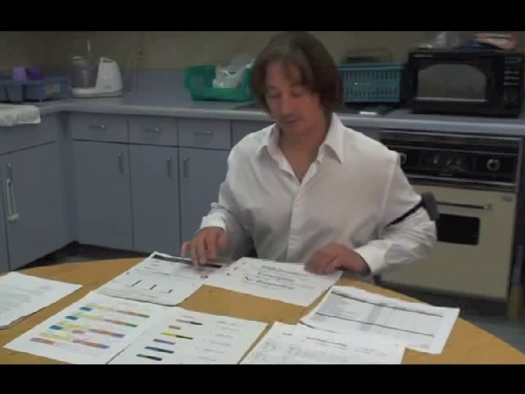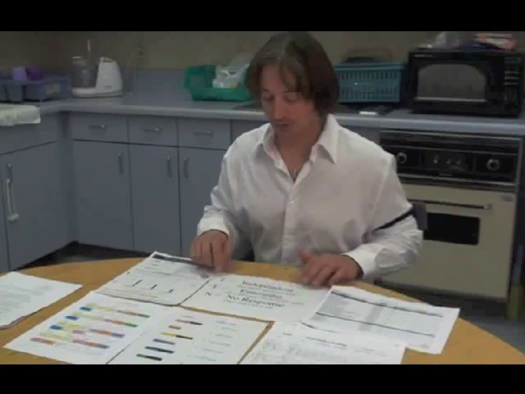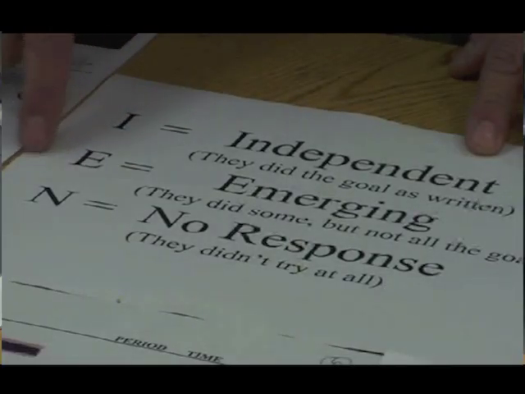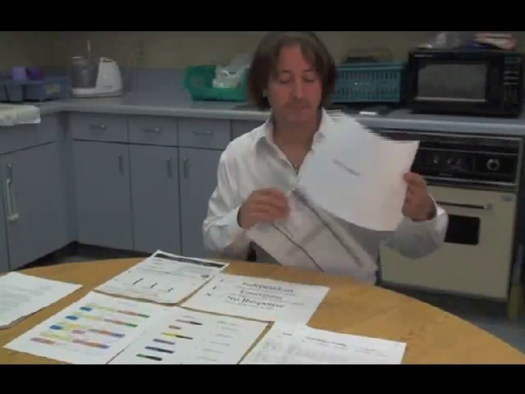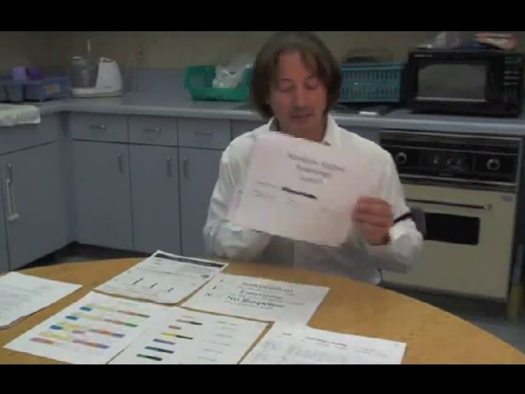Well, this is our district's answer to what the state wants. As you can see, we have a scoring rubric here: independent, emerging, or no response. Now these things correlate with our district assessment form called Standard Aligned Assessment Level 1.